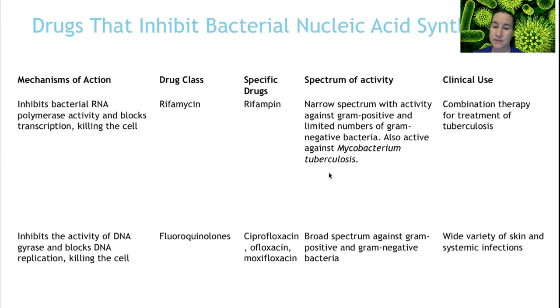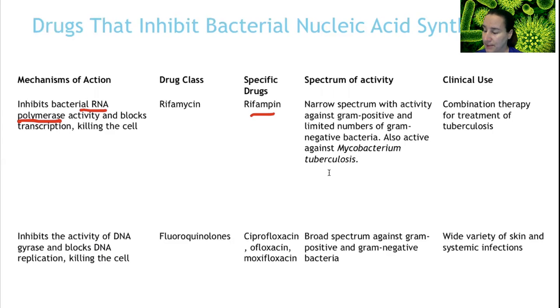Nucleic acid synthesis. Where we are, we've got rifampin. This one starts with an R, and it's going to inhibit RNA polymerase. So the bacteria can't lay down new RNA if it can't produce it.